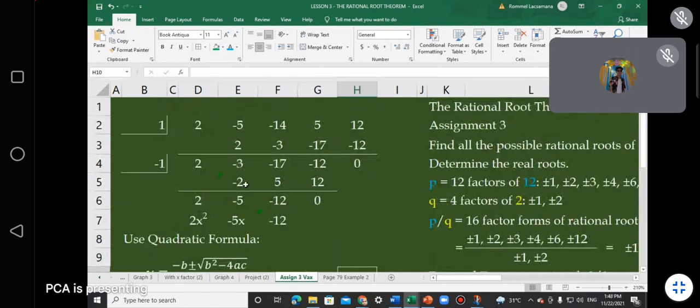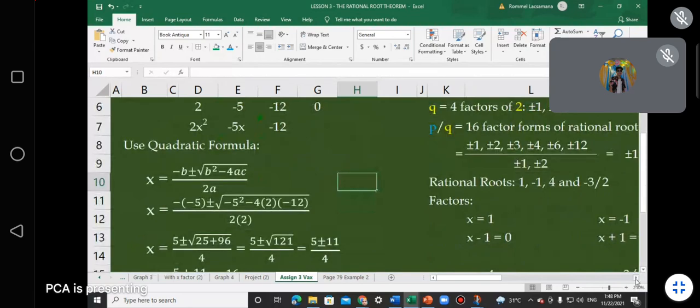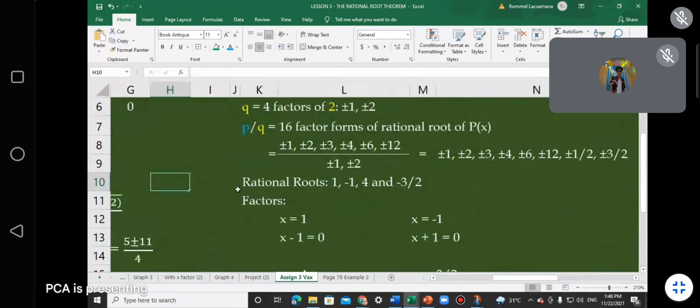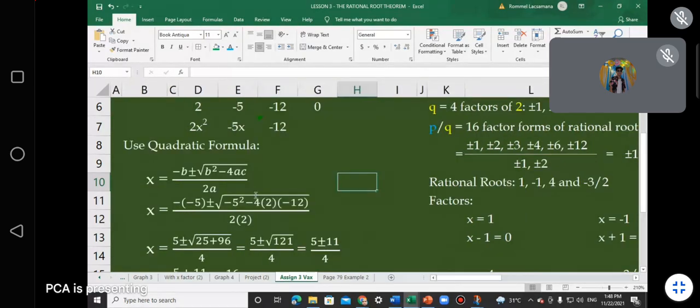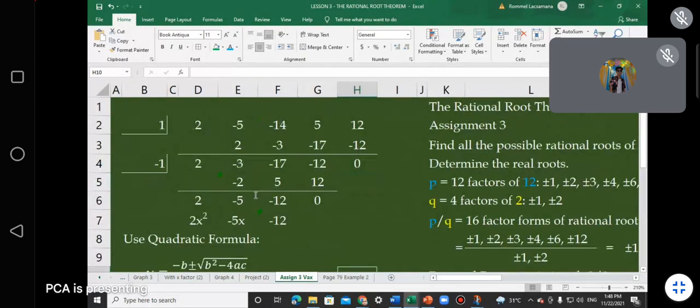Next, I do have 1, negative 1, 4, and negative 3 over 2, right? And then I can finally list this one now. Take note. Let's analyze this one. It's a trial and error, really.